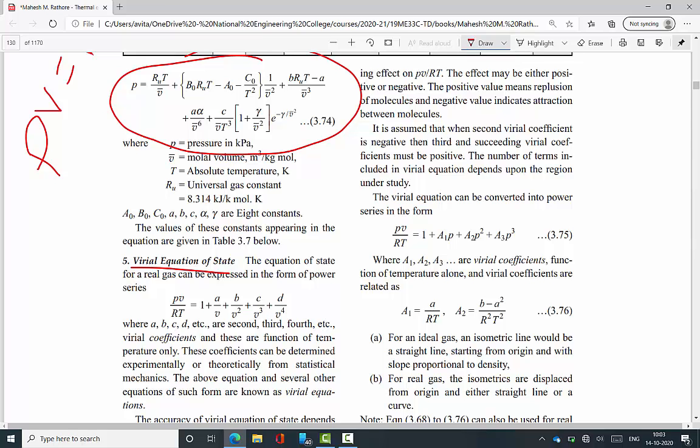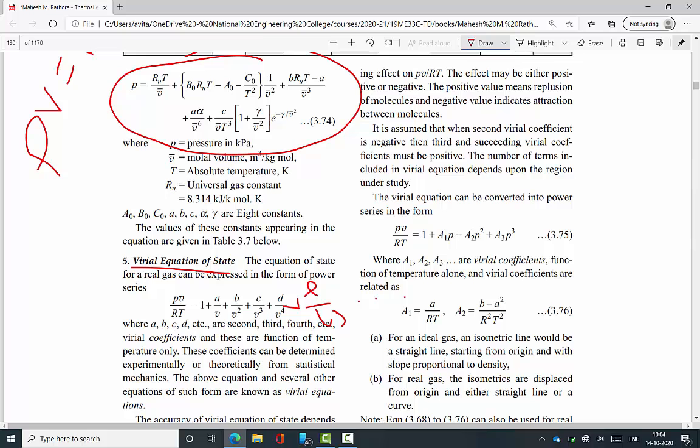The Virial equation of state is PV by RT equal to 1 plus A by V plus B by V square plus C by V cube plus D by V power 4 plus E by V power 5, etc. It is a series. Please understand, it's a series. Then how many terms do we need? We add constants up to the term required. These are called Virial coefficients.